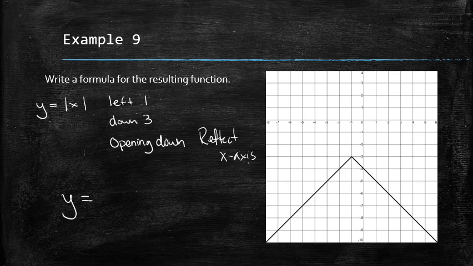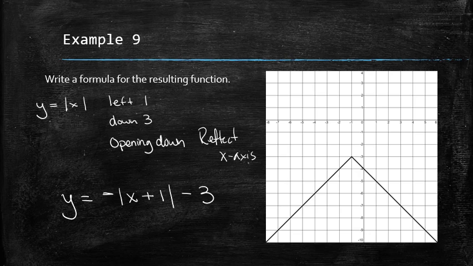Let's see. If I start with the fact that the graph has been moved to the left 1 unit, we would have the x plus 1 inside those absolute value bars. Our graph is opening down, so there's going to be a negative out front. And it has also been shifted down 3 units, so we want a minus 3 here at the end.